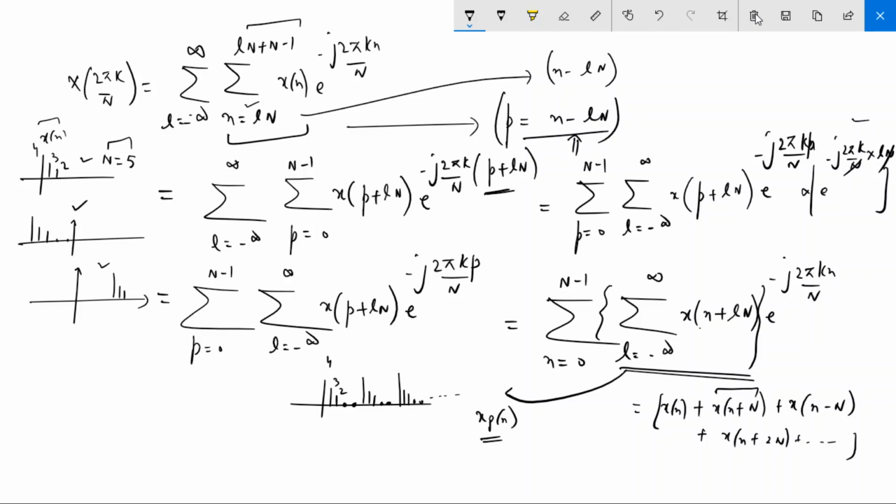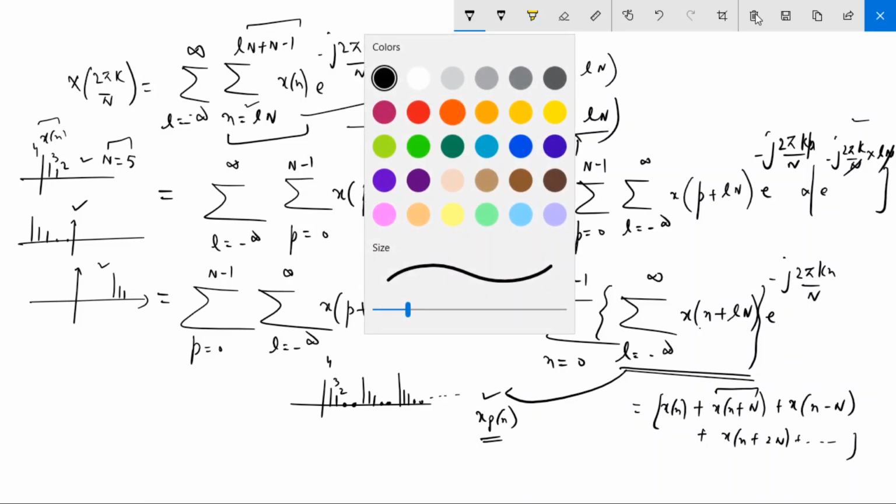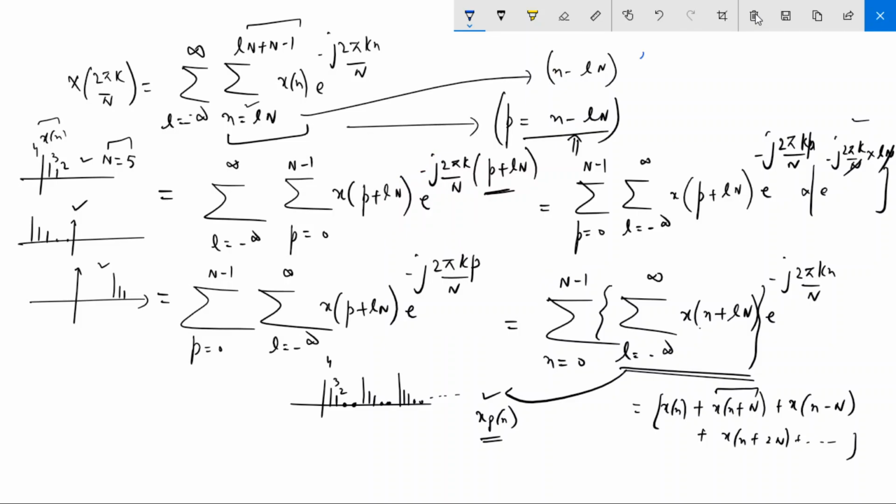Okay, now since this sequence xpn is periodic, I can write its Fourier series. So xpn, for this sequence I can write the Fourier series like this. Xpn, its Fourier series will be summation of k from 0 to n minus 1 ck e raised to power j 2 pi k n by n, where n is from 0 to n minus 1.